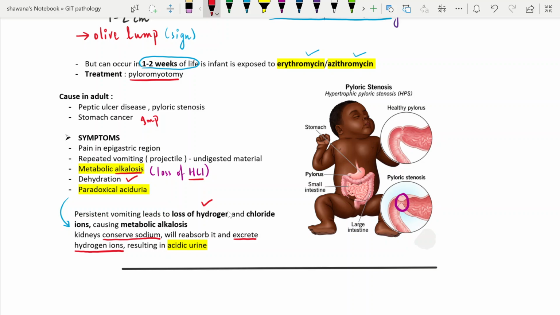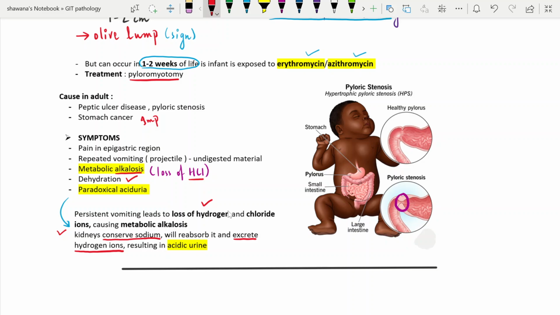Okay, there is a lot of alkaline material present in our body, and we would suspect that the patient would have alkaline urine, but in this condition the patient is having paradoxical aciduria. Why is that so? The kidney conserves sodium because our body is suffering from alkalosis.